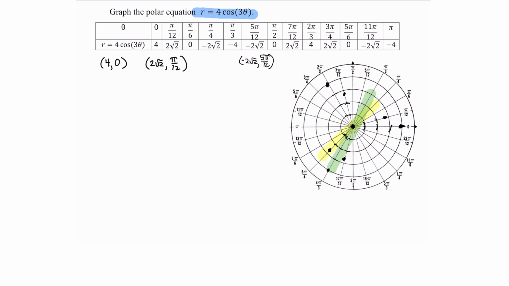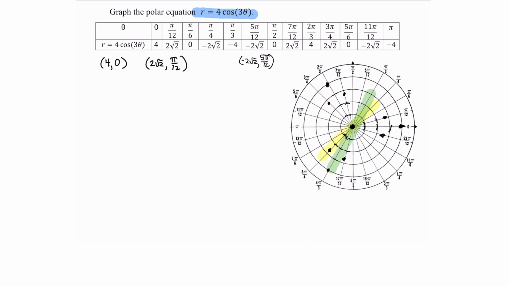When I face 3 pi over 4, I walk out just shy of 3. And when I face 5 pi over 6, I am at 0 again. Now notice if I'm facing the 11 pi over 12, I need to walk backwards the negative 2 square roots of 2. So just shy of 3, that point is here.